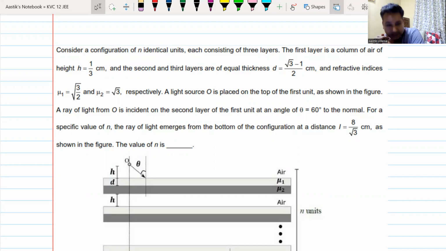This question came in this year's JEE Advanced. And if you remember simple things correctly, it looks like a big question, but can be solved in this much of space.